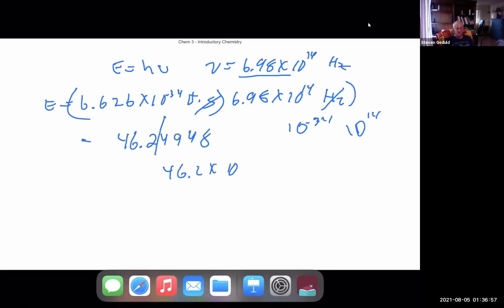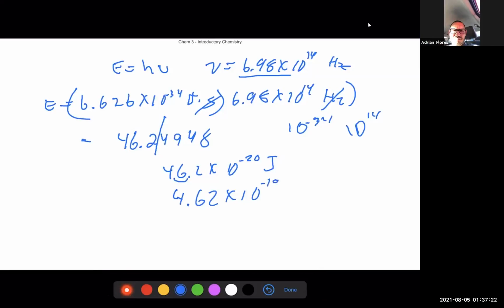So 10 to the minus 34 and positive 14, down to 10 to the minus 20. 20, right? Yeah. Got it. 10 to the minus 20 joules. And in scientific notation, you would put 4.62 times 10 to the negative, and we make this number smaller, make this one bigger, 10 to the minus 19 joules. Cool.